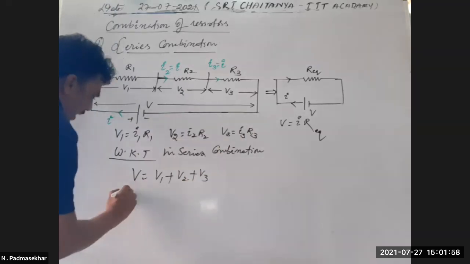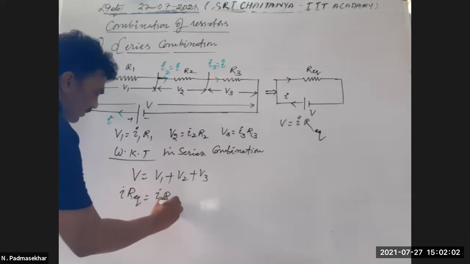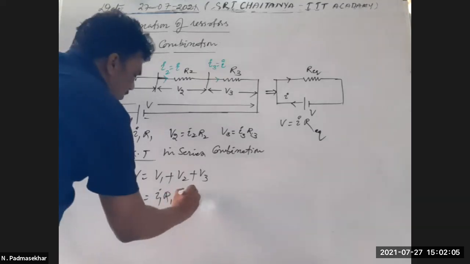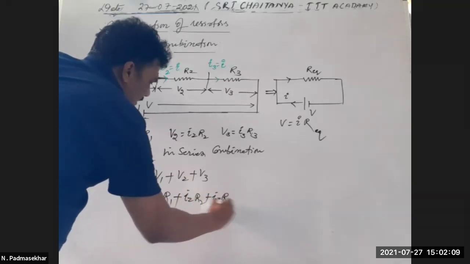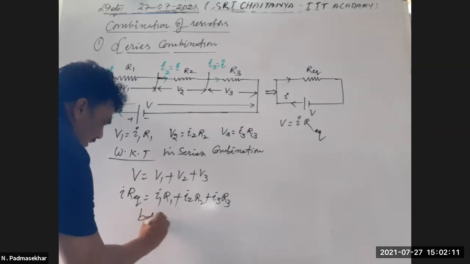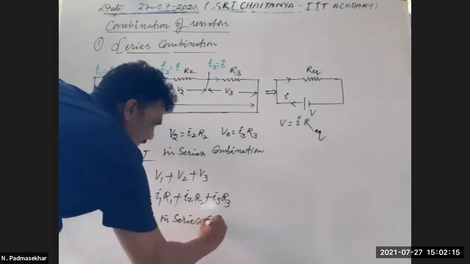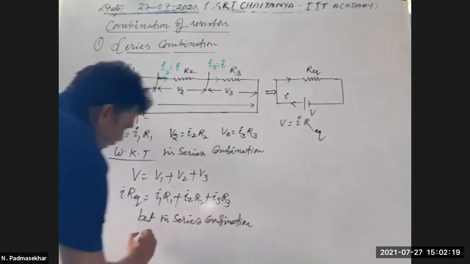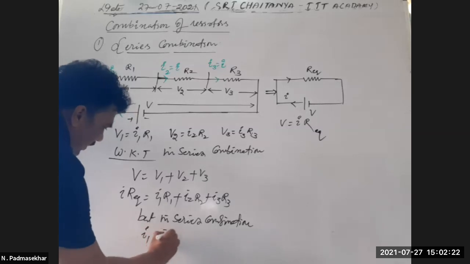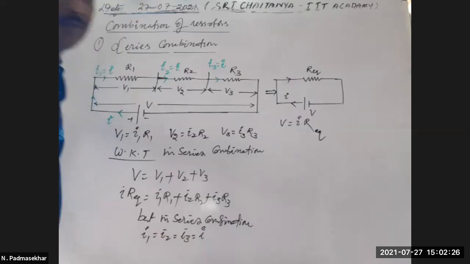So I R equivalent is equal to I1 R1 plus I2 R2 plus I3 R3. But in series combination, I1 is equal to I2 is equal to I3 is equal to I, the same current.